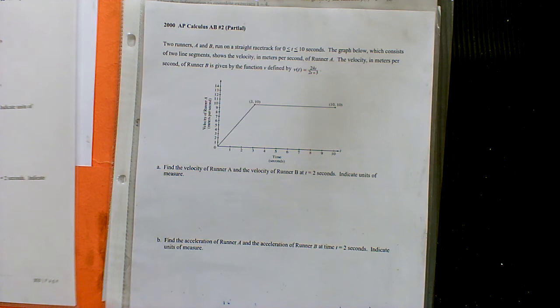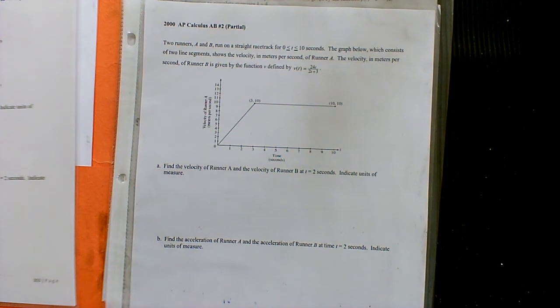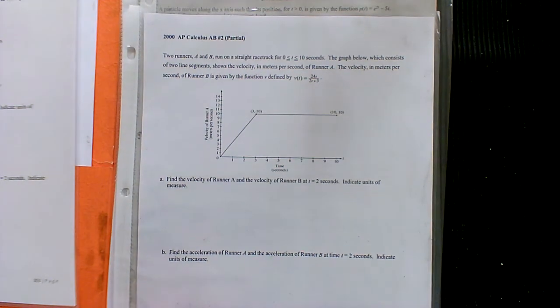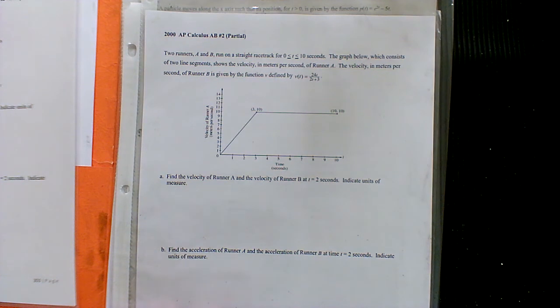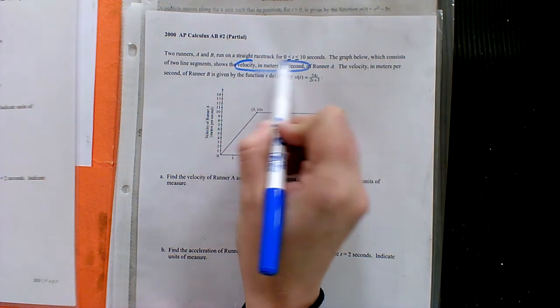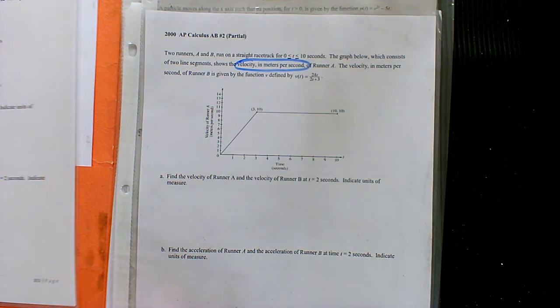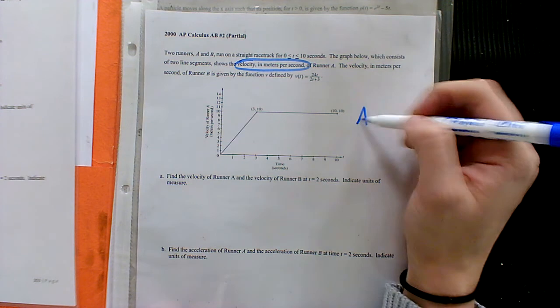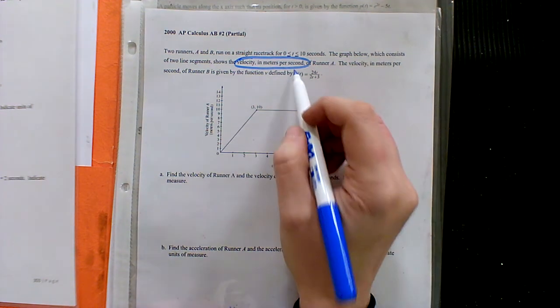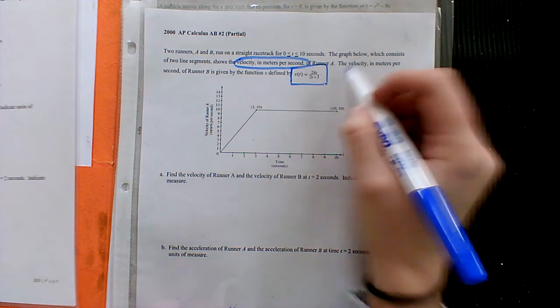All right, not too bad. Let's take a look at another one. Another oldie but goodie. Yes, 2000. Two runners, A and B, run on a straight path, 0 to 10 seconds. The graph below consists of two line segments, shows the velocity in meters per second of runner A. And we have velocity in meters per second of runner B given by this equation.